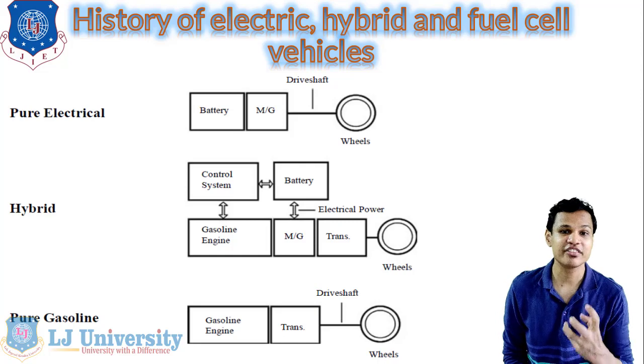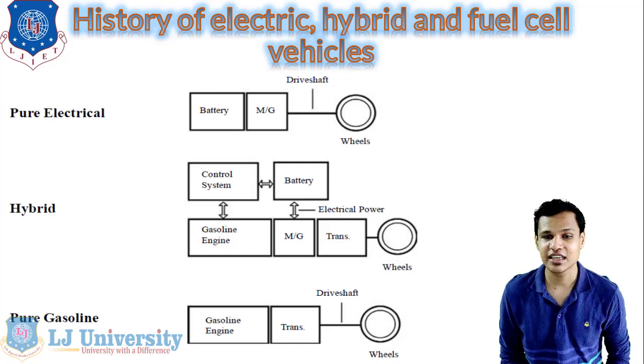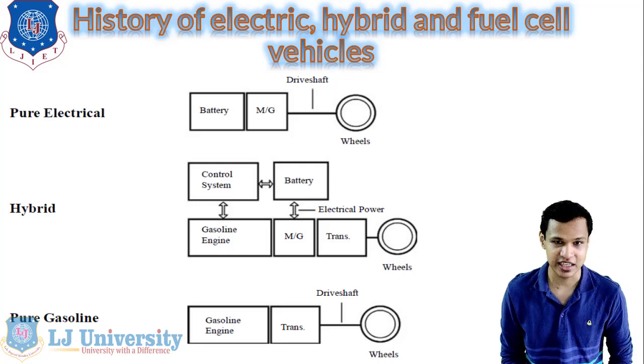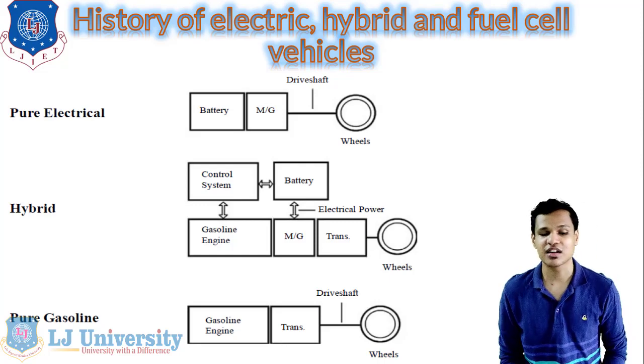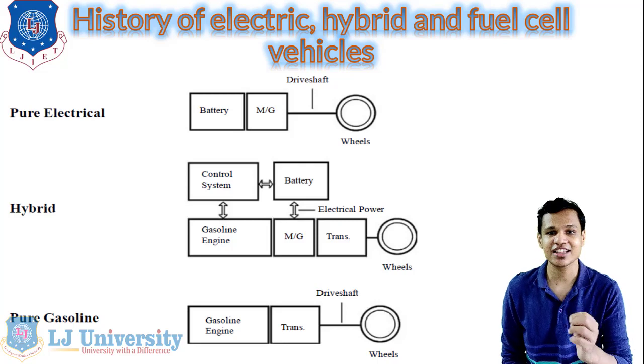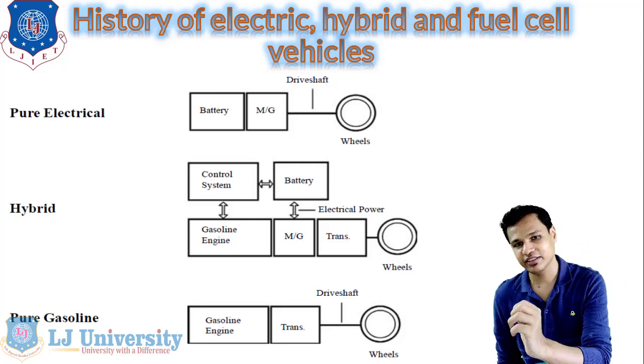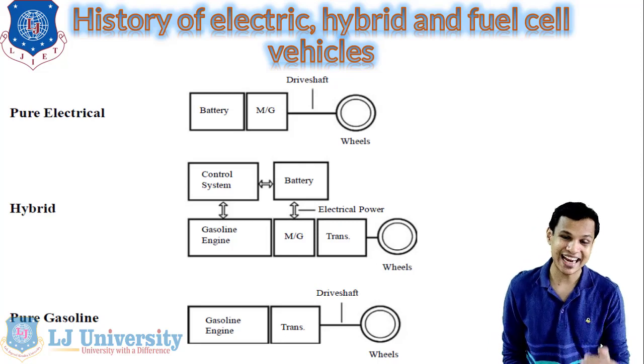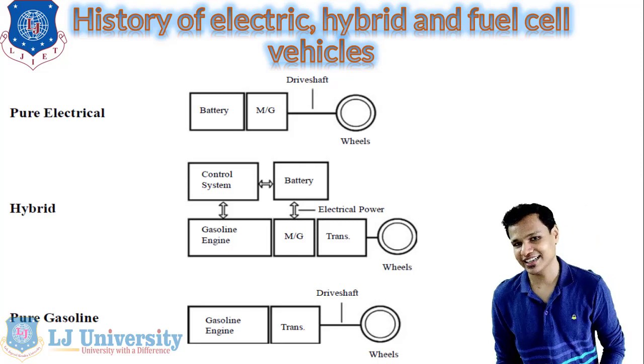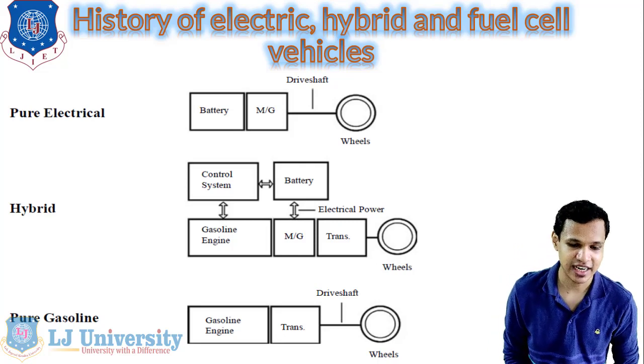The difference between the hybrid and electric vehicles compared to our normal petrol or IC engine vehicles, you can see in the structure. First, in case of the hybrid vehicles, you can see that battery is connected with our control system. That control system is further connected with our engine. Right.